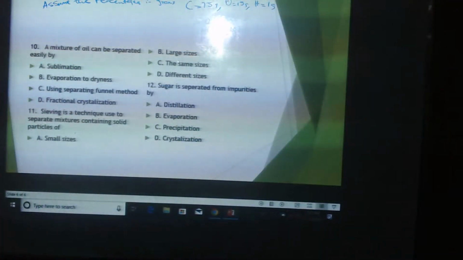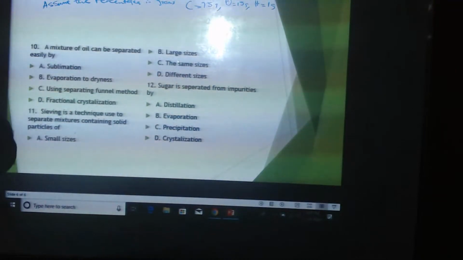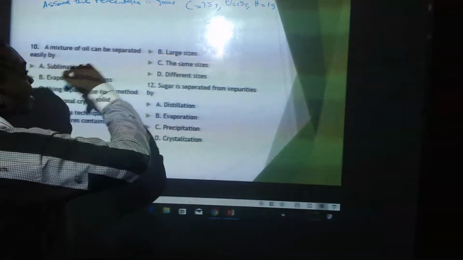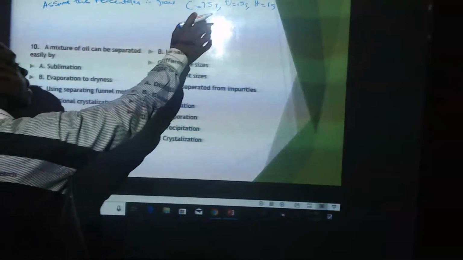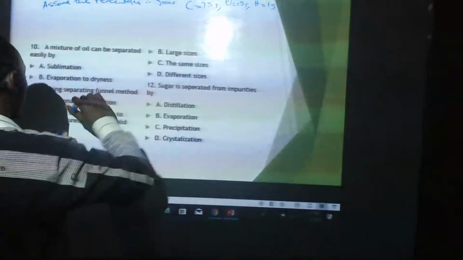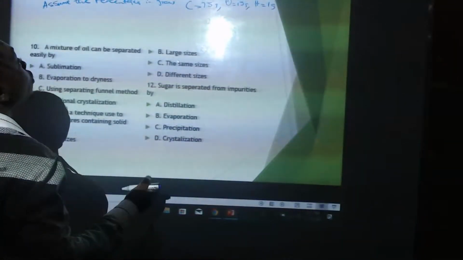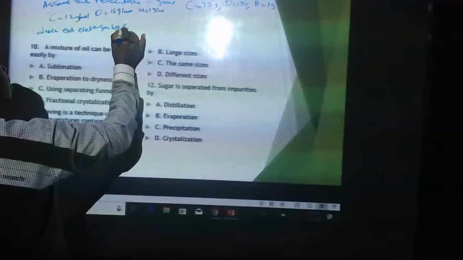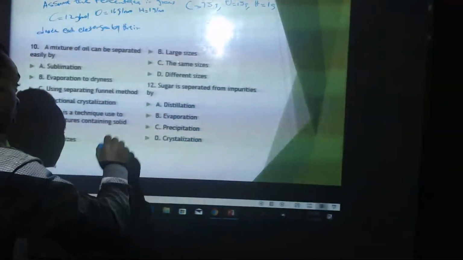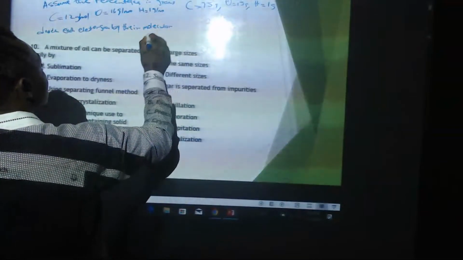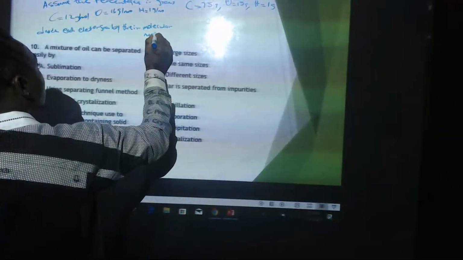Very good. Now, after assuming these percentages are in grams, the next thing, we begin to divide each of these elements and their grams by their relative molecular number.